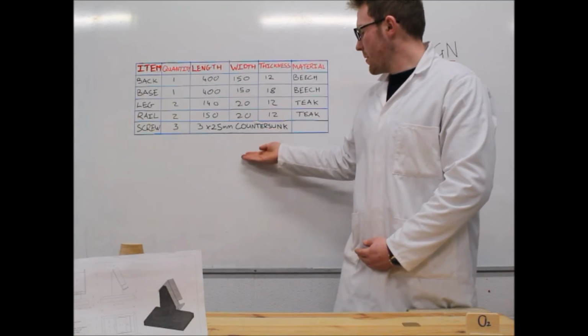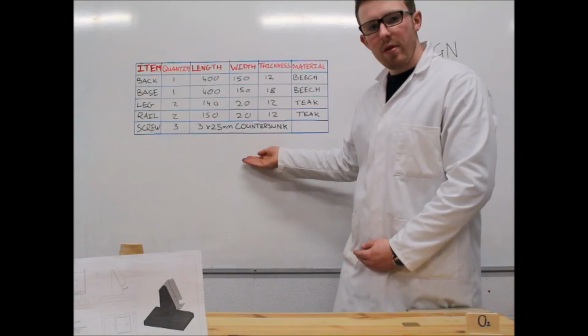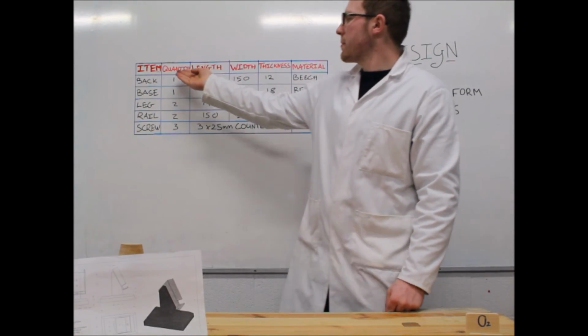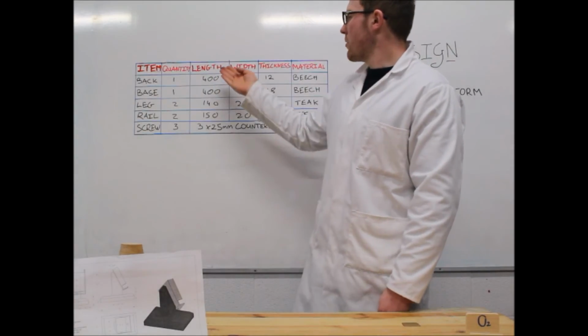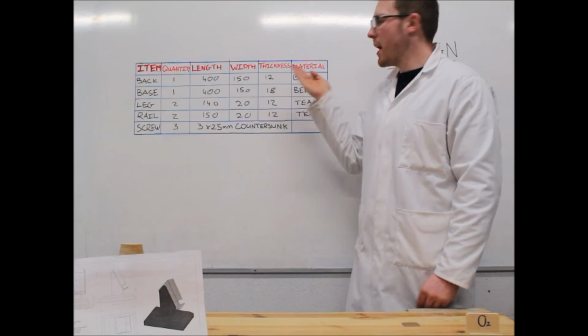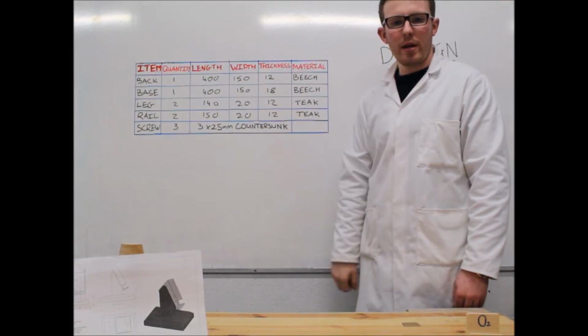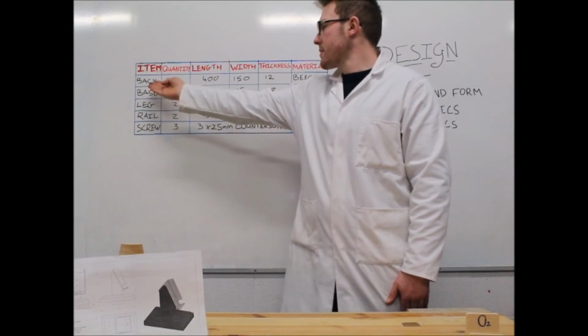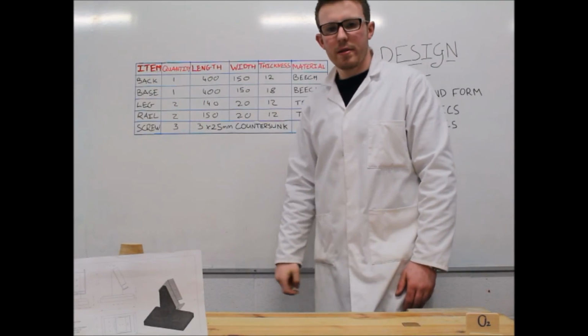This is a table that contains every piece of your project. It's the amount of them you need, its overall length, width, thickness, and the type of material you will need. Let's take, for example, the first one here, the back piece.